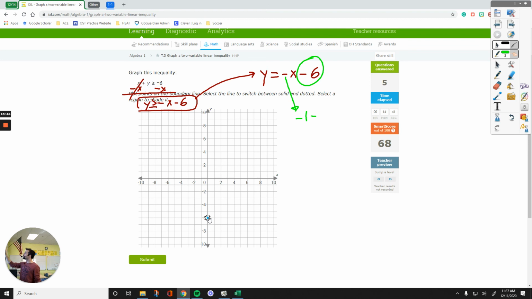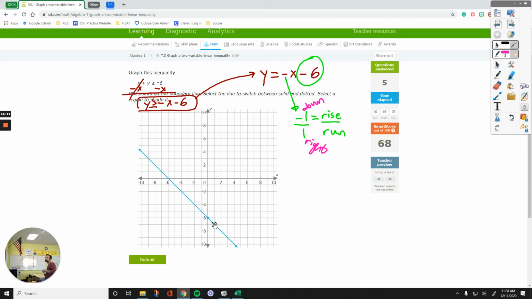But negative 1 means rise over run, so to have a run, I need to divide it by 1. And then this negative 1 for the rise tells me to go down. And then right 1 is what that slope tells me to do. Start from your original point, negative 6, go down 1, right 1.